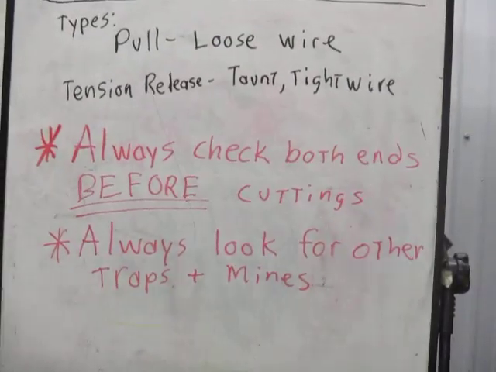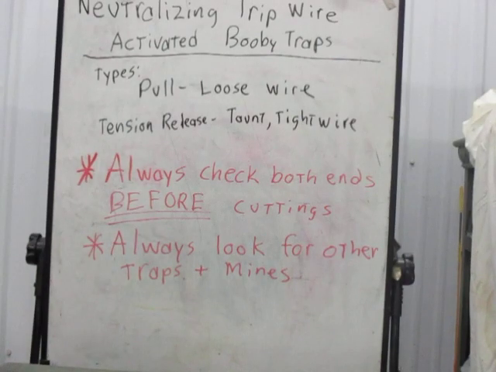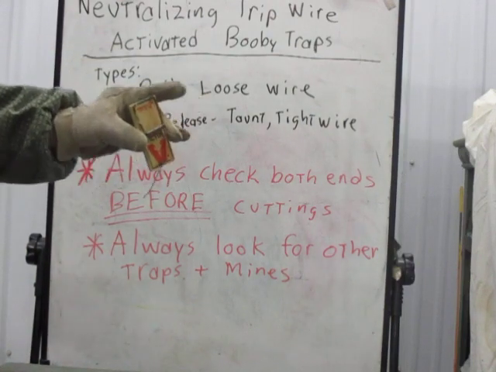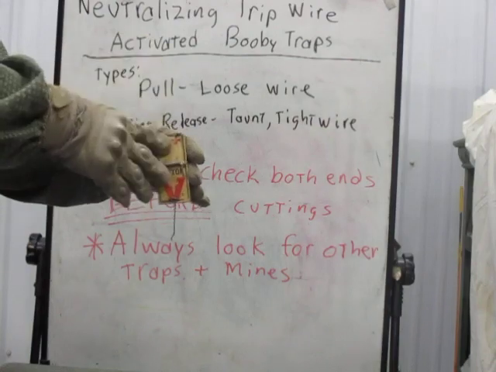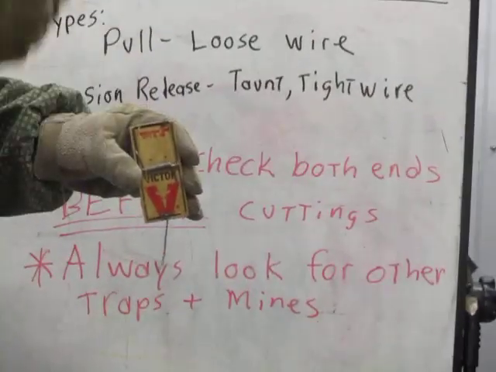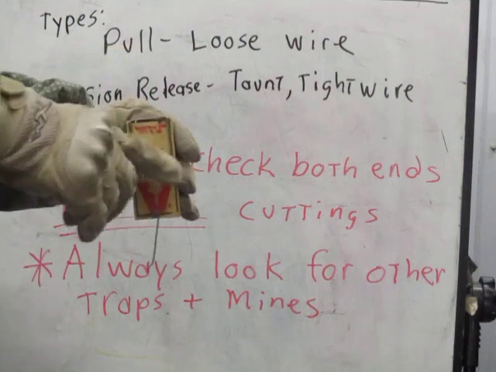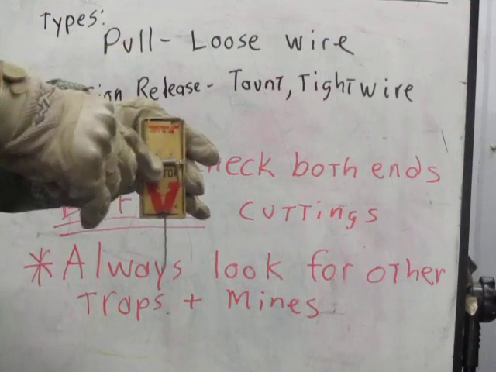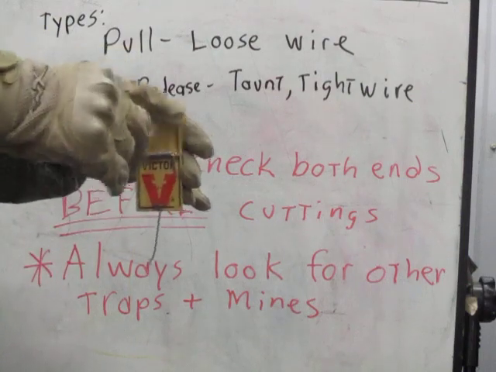Another means, probably one of the most multi-purpose devices you will ever see in guerrilla warfare, is a mousetrap. This one is a good example, the way I'm going to show you now, for tension release. There will be an electric lead attached to the spring and bar here.